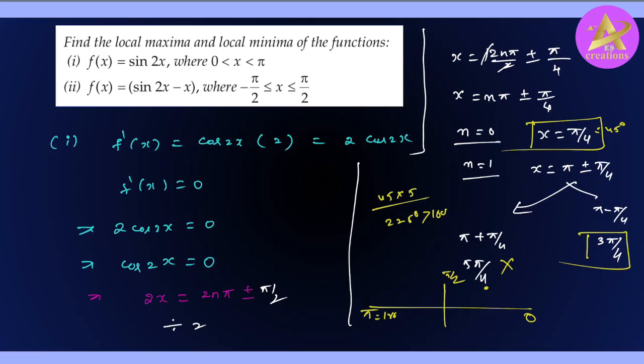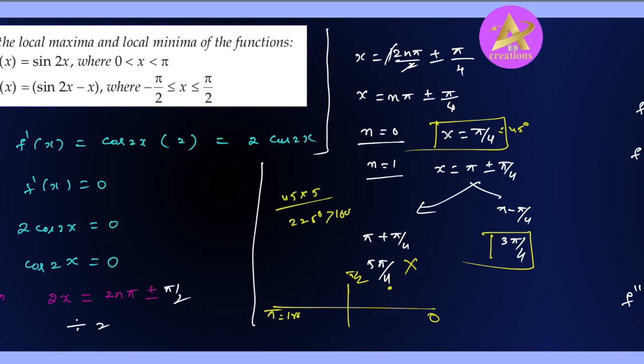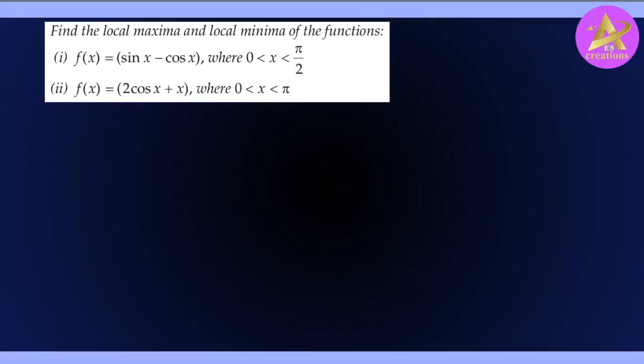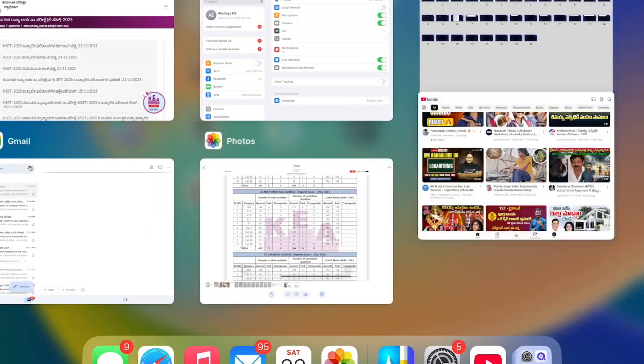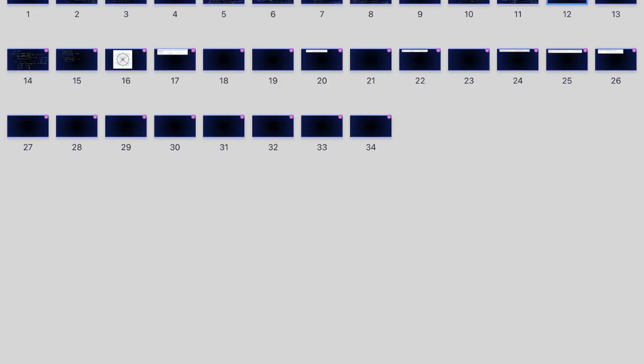Next is sin 2x minus x. For this also we have to find the local maxima and local minima.